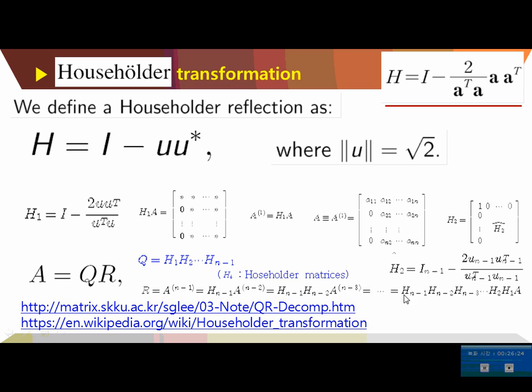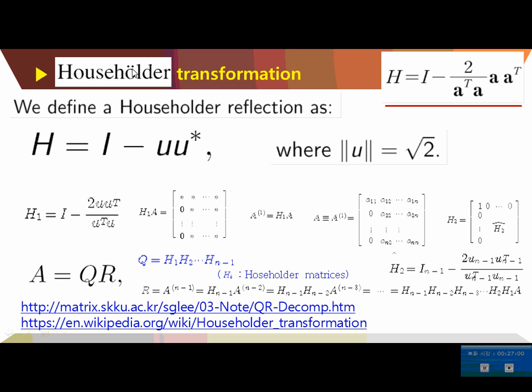The important thing is, if we let the product of these matrices be Q, then A can be written as Q times R, and this matrix is an orthogonal matrix. So the product of real orthogonal matrices is a real orthogonal matrix Q, and R is an upper triangular matrix. So the QR factorization can be done with this special form of the matrix if we use it inductively.